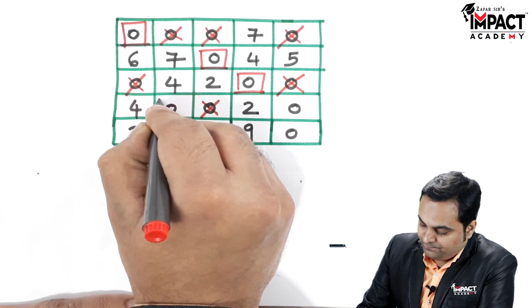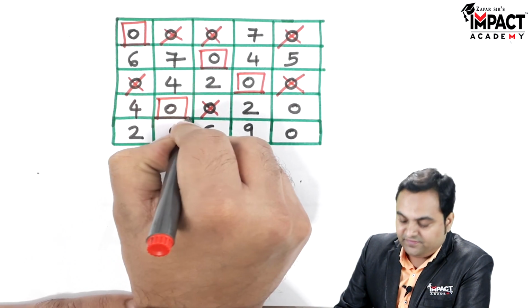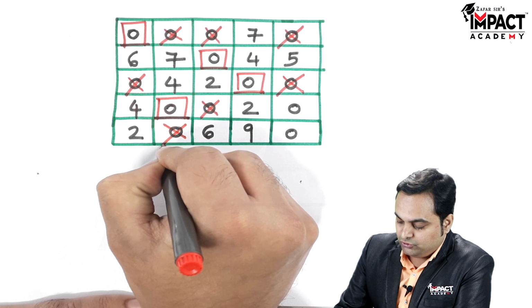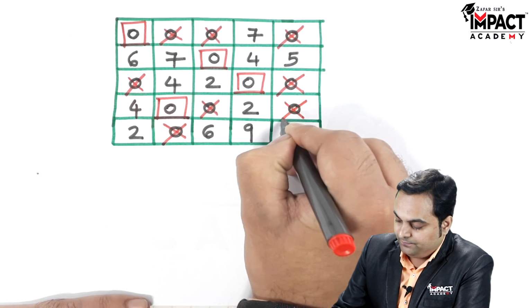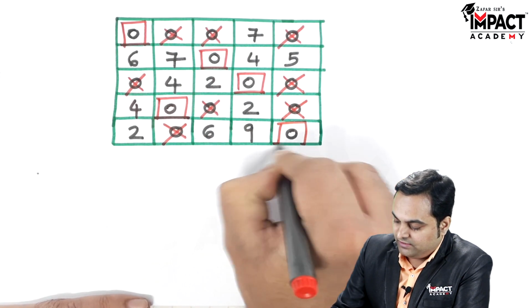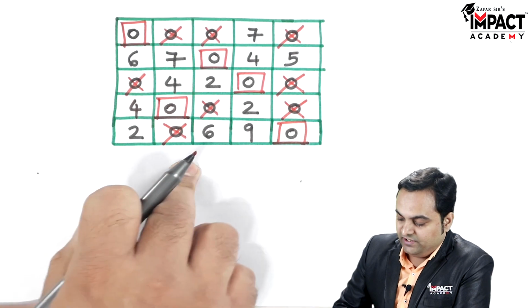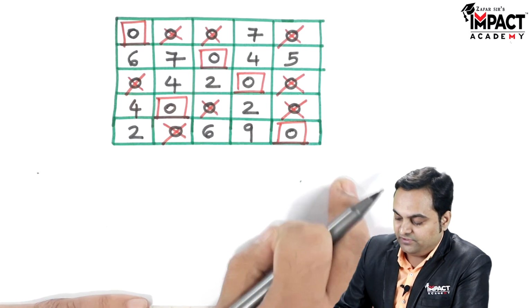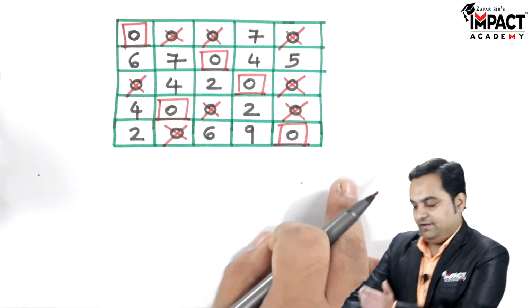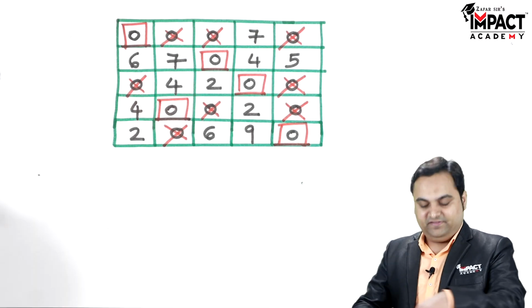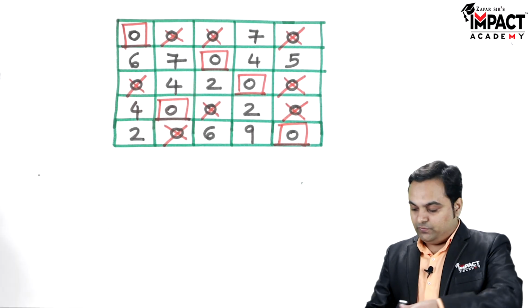Next, in the fourth row, if I am making an assignment over here, no other zero should be present in that row or column. And then in the final fifth row. So now we can easily see that all the assignments have been done correctly, and the solution would be written, that is, the answer would be in this way.